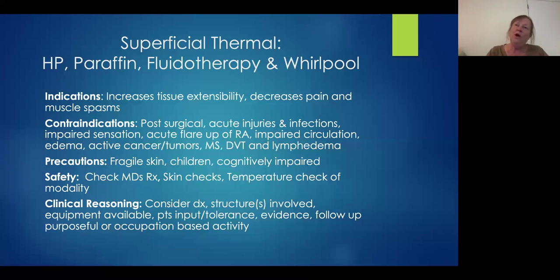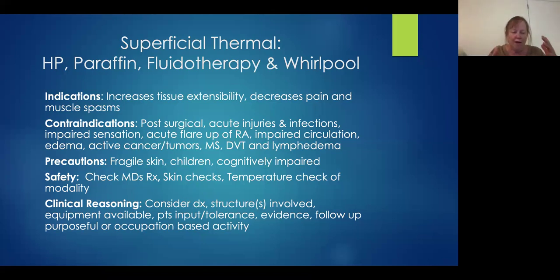And then when you are thinking about using a heat modality, some things you're going to want to consider in the scenario: what is the diagnosis that they're describing? So are they describing somebody who has, let's say, a flexion contracture of the PIP joint of the index finger, or are they talking about somebody who has stiffness of their shoulder?